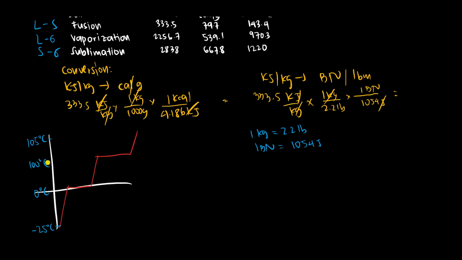Kung pangitaon sa problem ang total heat required from negative 25 degrees Celsius to 105 degrees Celsius, pangitaon gayong total heat. Take note na change in temperature ang mahitabo, so unsay gamiton na formula, katong sensible heat na mc delta T.